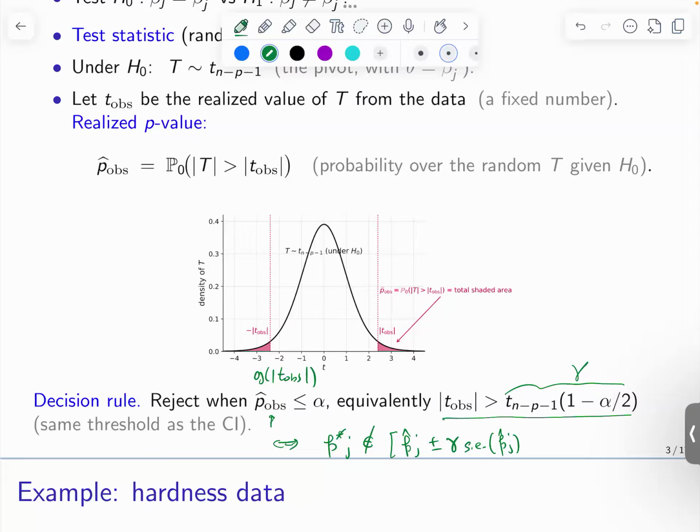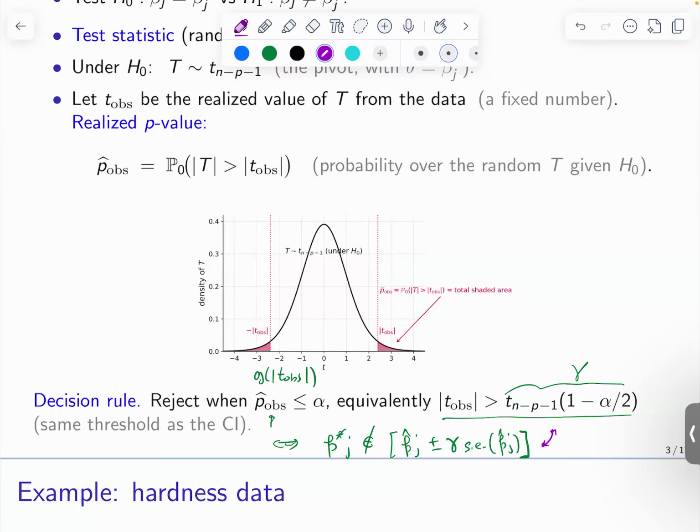You either compare the observed p-value to alpha, and if it's less than alpha, you reject; or you look at the observed value of the statistic, and if it's bigger than that particular quantile in absolute value, you reject; or you look at the confidence interval that you built. You can easily see from the definition that these are equivalent. If beta star j, that value, which could be 0, is not in that interval, then you reject.